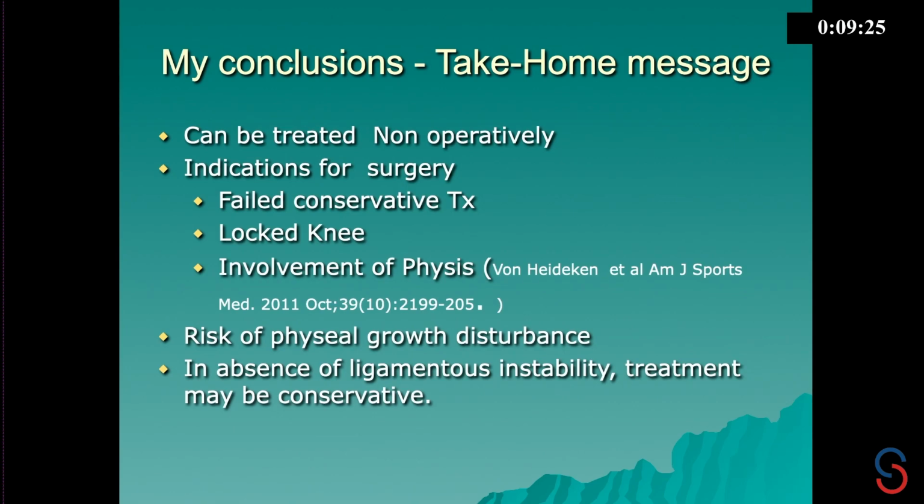The indications for surgery are failed conservative treatment, locked knee, or involvement of the physis. We should be aware that there is a risk of physeal growth disturbance if we treat it wrongly. However, in the absence of ligamentous instability, treatment may be conservative. Thank you. Any questions from the house?